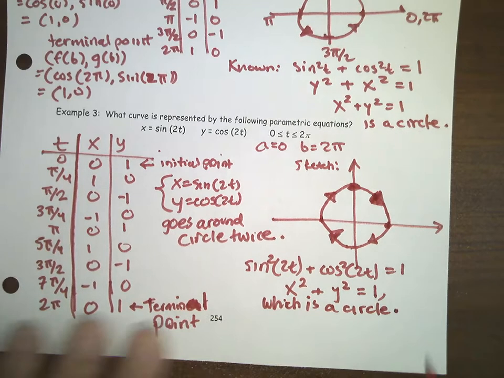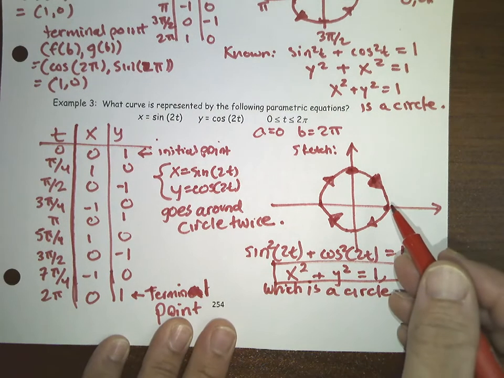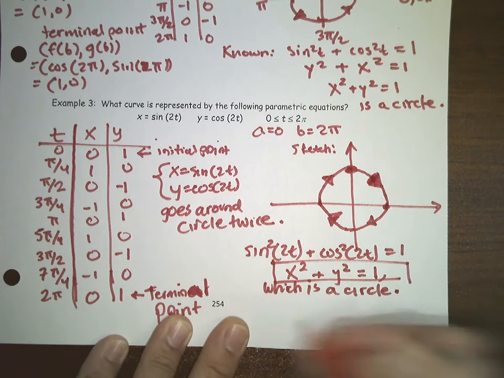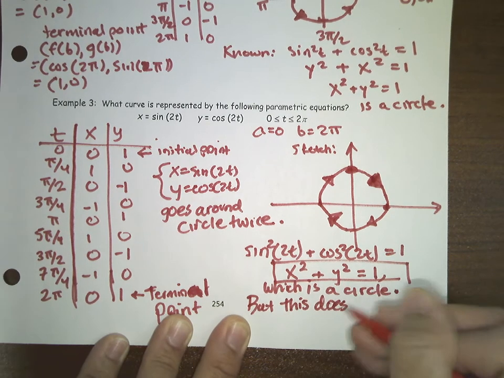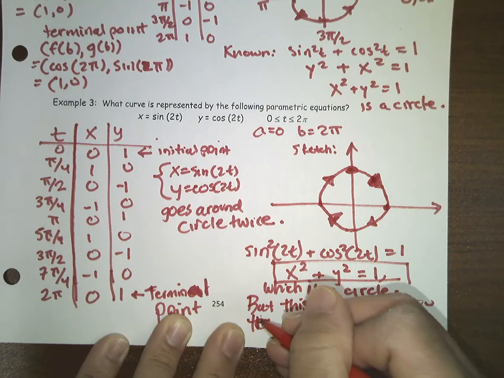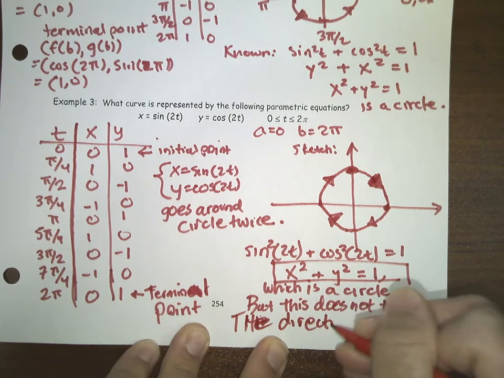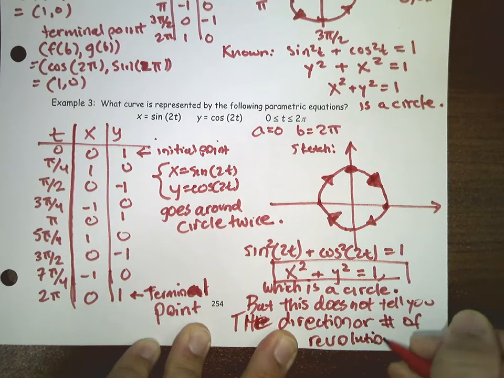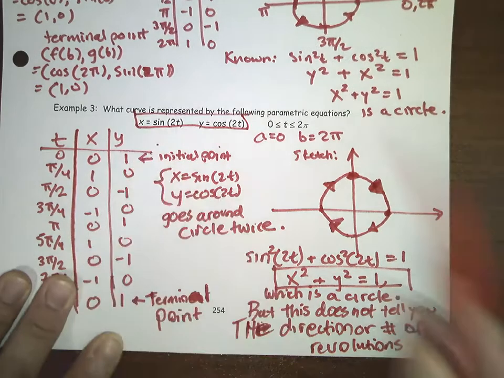But please remember that this equation does not tell you the direction, and it does not tell you the number of revolutions either. So all of this is important to get from the parametric equation. Try to remember this for the rest of your life.